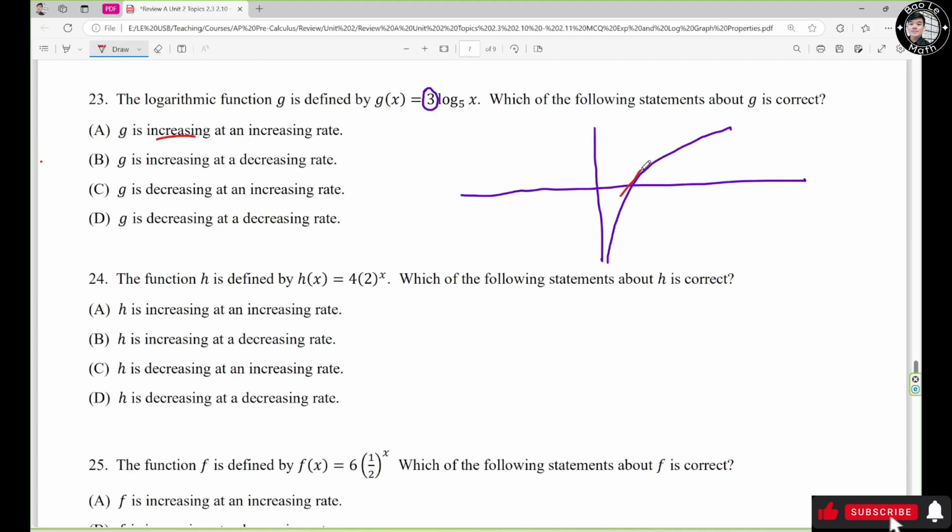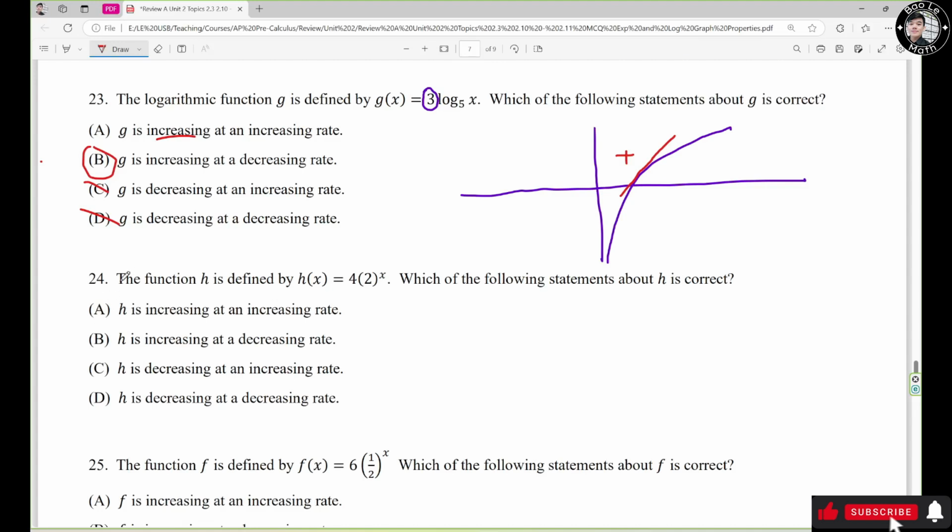Because you draw the tangent line, you see that the slope of the tangent line is positive. So the function g is increasing. So you need to eliminate C and D, right? Now look at the rate of change. The rate of change is increasing or decreasing. It's going to be decreasing because the function is concave down, right? So the answer must be B.